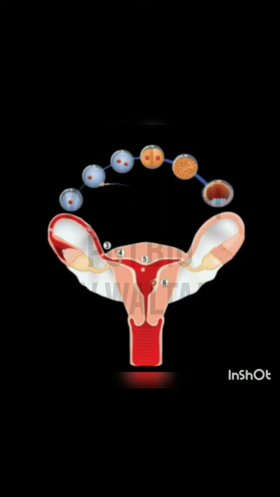So slowly the zygote divides into 2 cells, 4 cells, 8 cells, like that, and the embryo moves down towards the uterus. At what stage will it get attached, children? You should remember that it is the blastocyst stage. It gets attached to the endometrium.